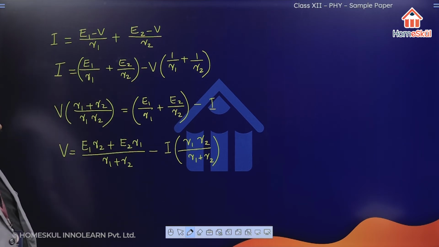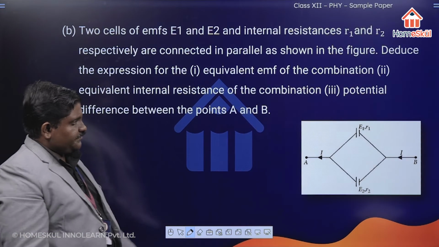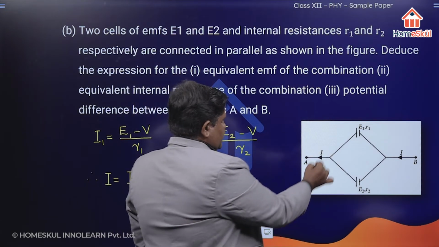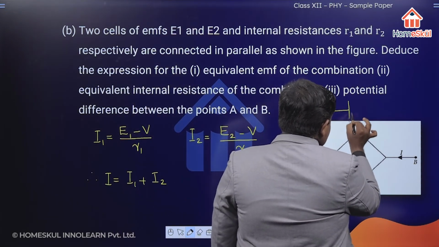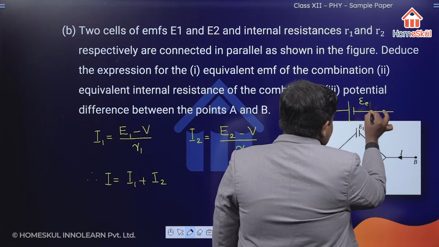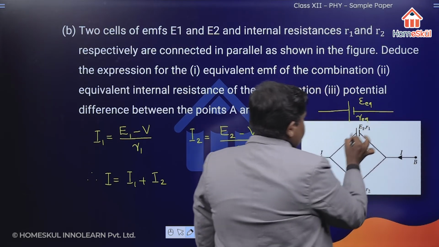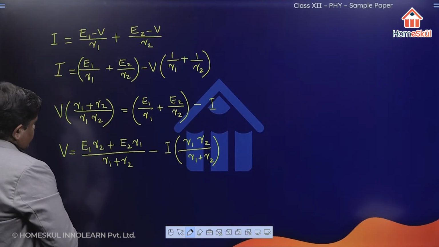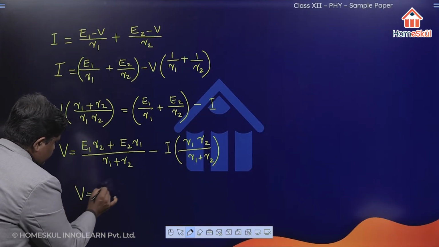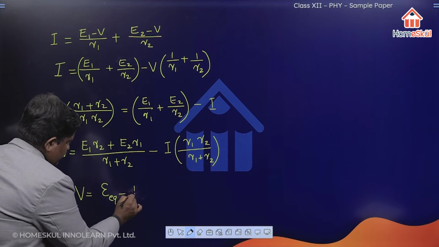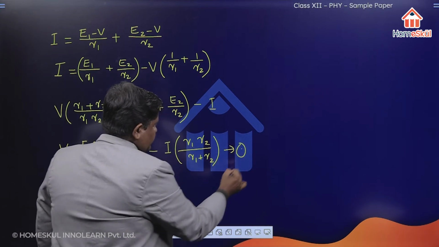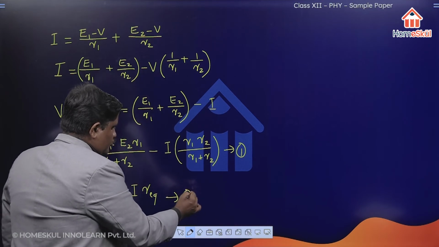Suppose that this combination we assume is a single cell having EMF E equivalent and internal resistance r equivalent. Therefore the terminal potential difference V can be written as V equal to E equivalent minus I r equivalent. I mark this equation as equation 1 and the previous one as equation 2.